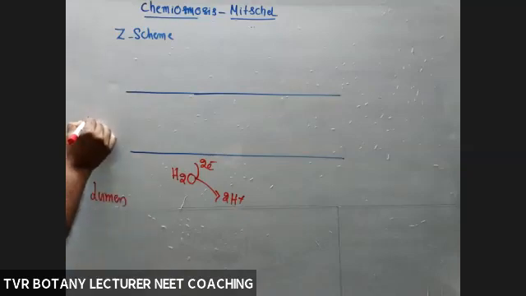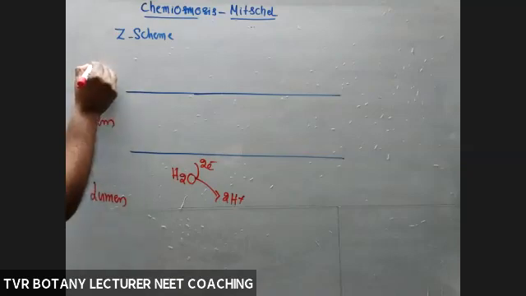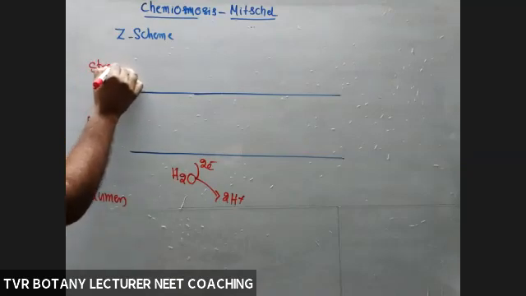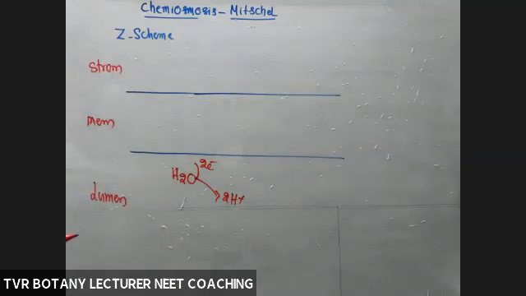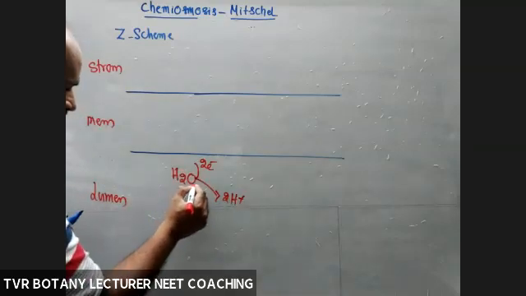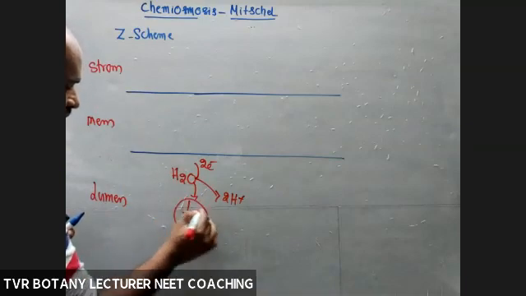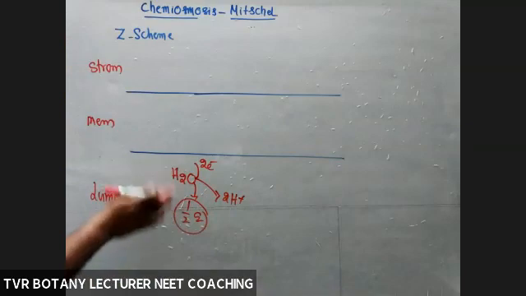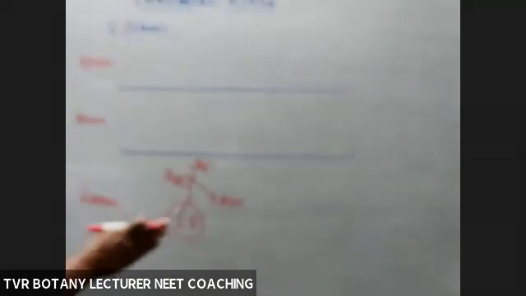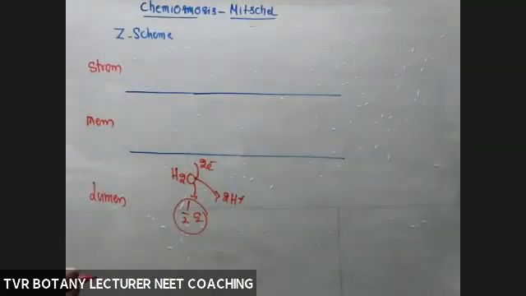And this one is thylakoid membrane. And this one is a stroma, that is matrix of the chloroplast. 2 electrons, 2 H plus, and half O2. So half O2 diffuses from lumen to out. That will be released into atmosphere.